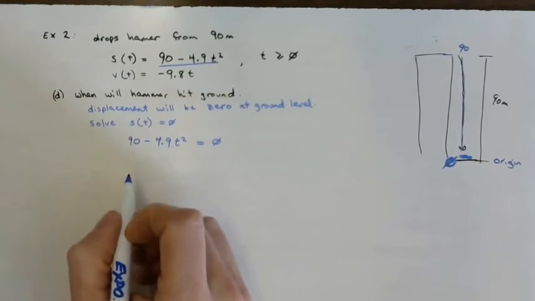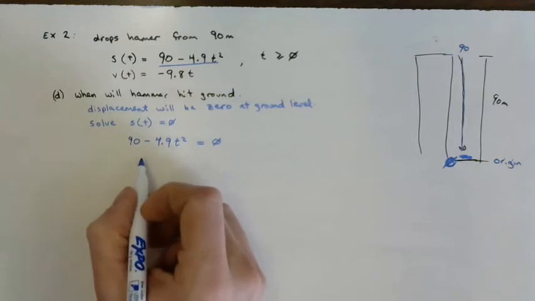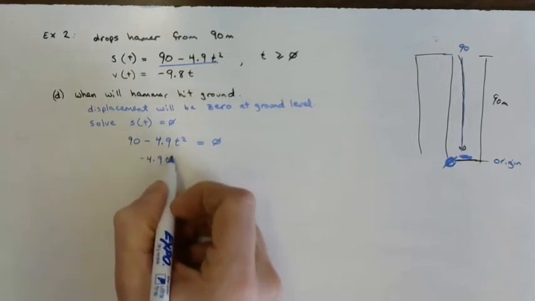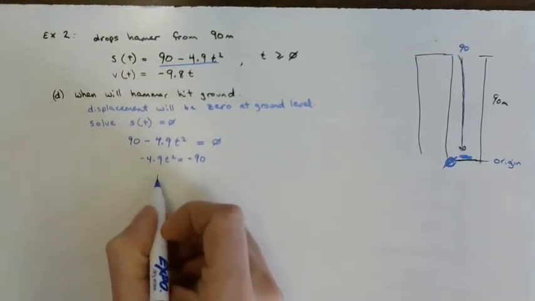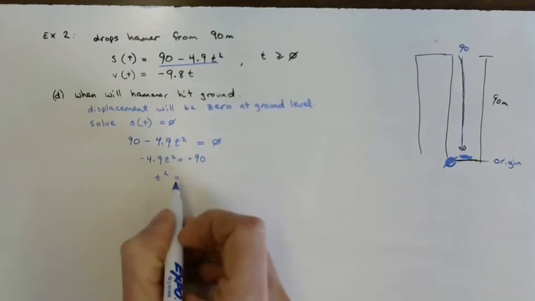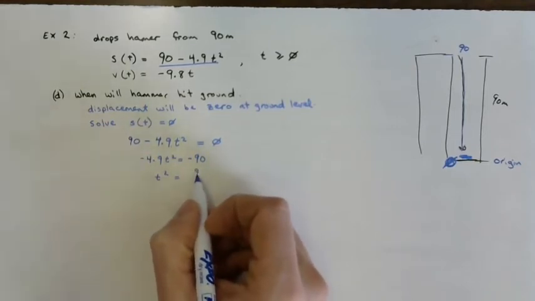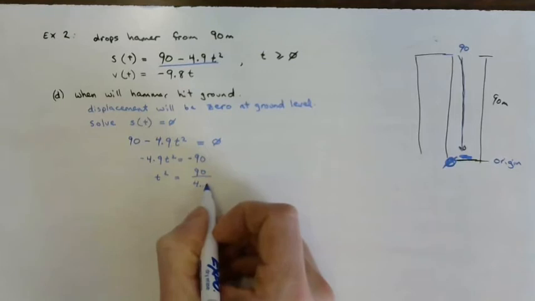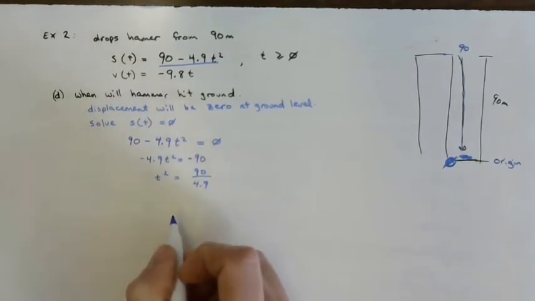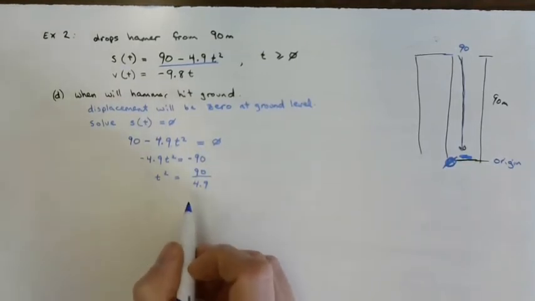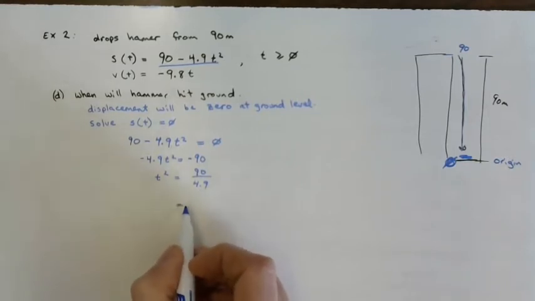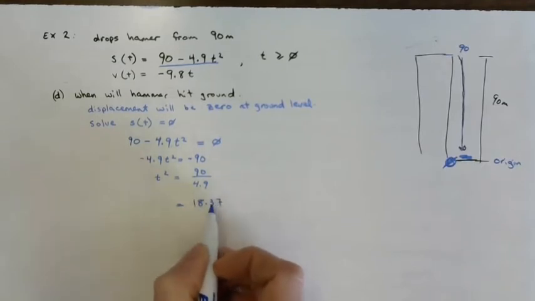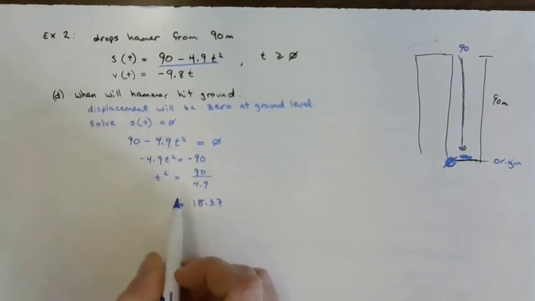So we subtract 90 from both sides, and then divide both sides by negative 4.9. That's going to give us positive 90 over 4.9, which in our calculator is approximately 18.37. And that is still t squared.